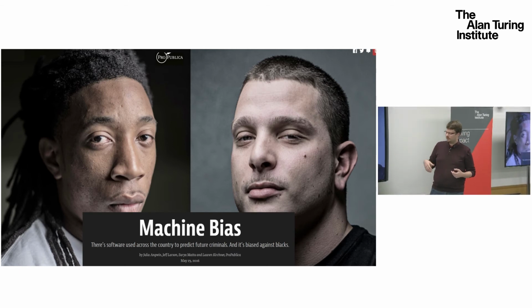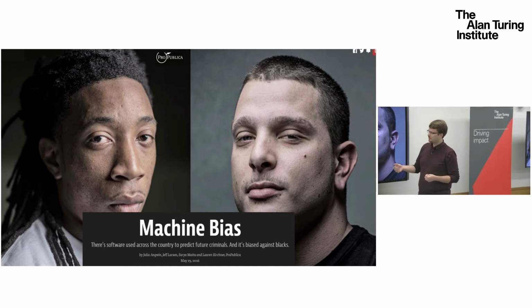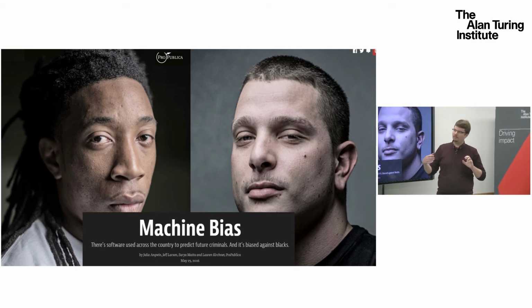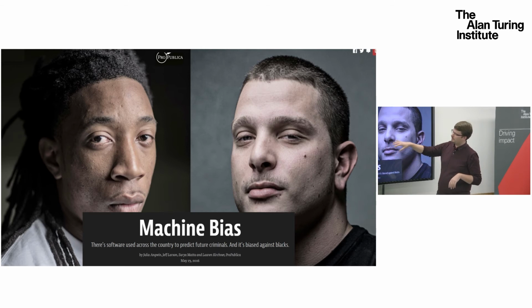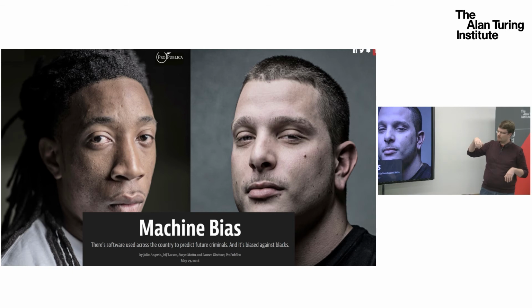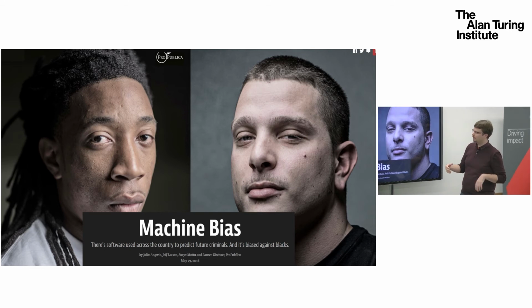There were essentially more false positives in terms of the risk of someone being classified as likely to reoffend in the future. There were more false positives for black defendants than white defendants when measured against actual recidivism in the future. So once we actually know who reoffended and who did not reoffend.